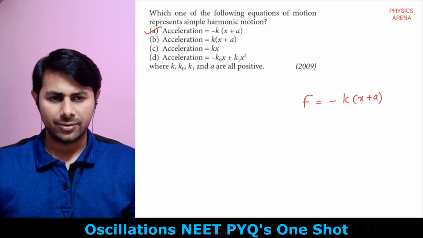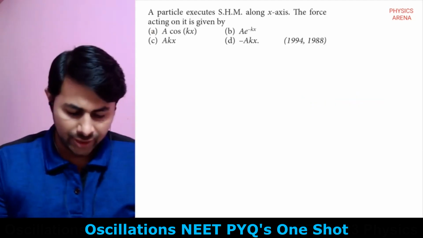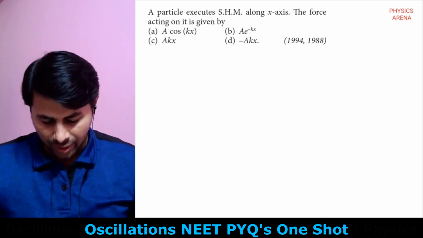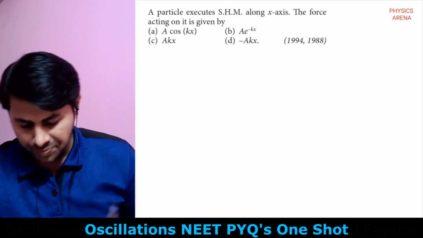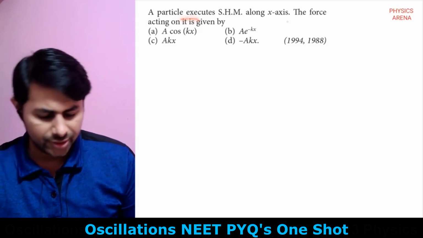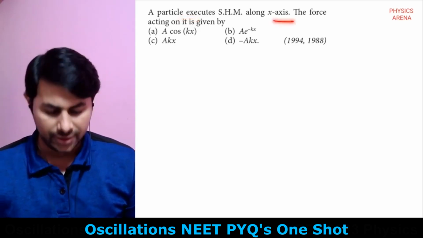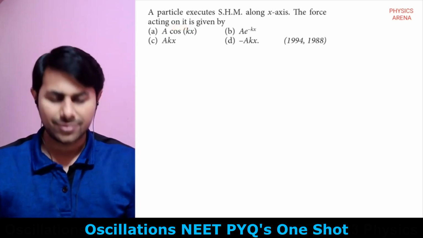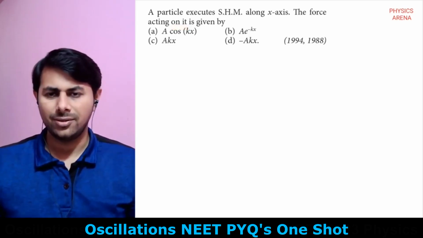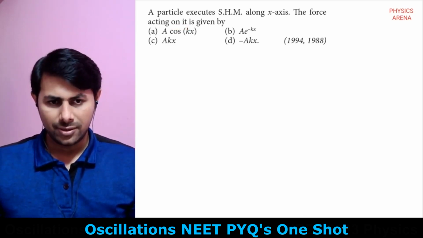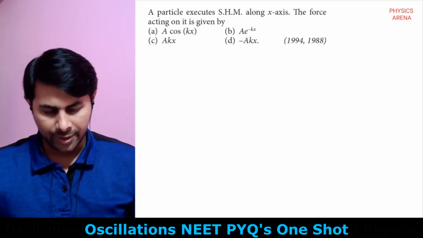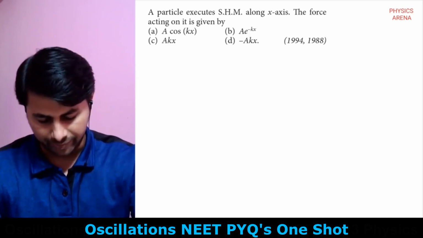This is simple. Now the questions that we are going to discuss are all simple. See, this one: a particle executes SHM along the x-axis. The force acting on it is given by. Tell me, it's option D. See, in option C, what is the problem?